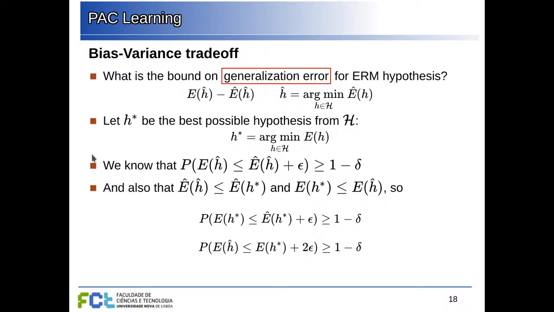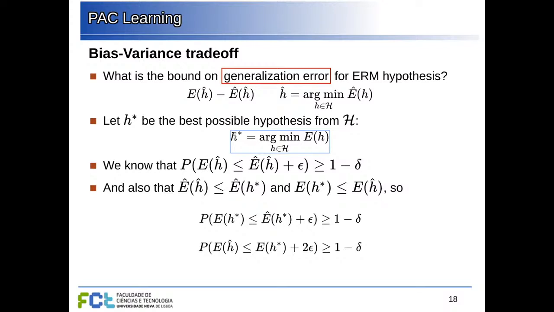But there is some hypothesis in our hypothesis class, let's call it H star, that is the hypothesis that minimizes the true error. Note that we cannot actually look for this one because we don't know what the true error is, and this may not be the hypothesis that we find by minimizing the empirical error. But there must be some hypothesis in our hypothesis class that minimizes the true error.